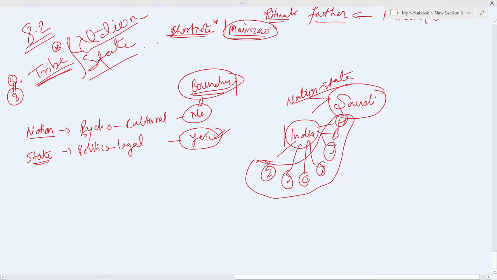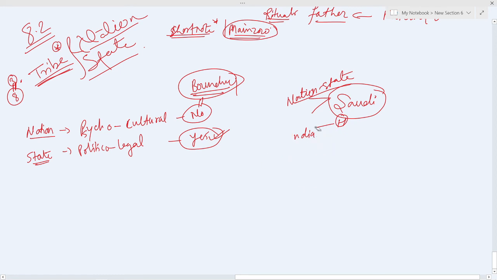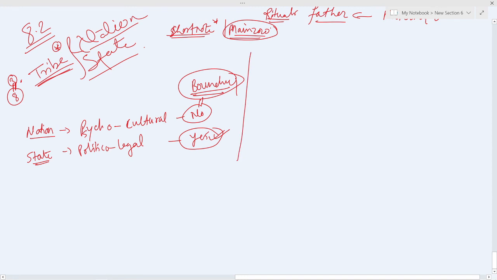But even with this multi-type of ethnicity, Indians are first Indian, and then religion or other identity comes. So on paper you cannot call it a nation state, but definitely you can call it a nation state once you understand what India represents.